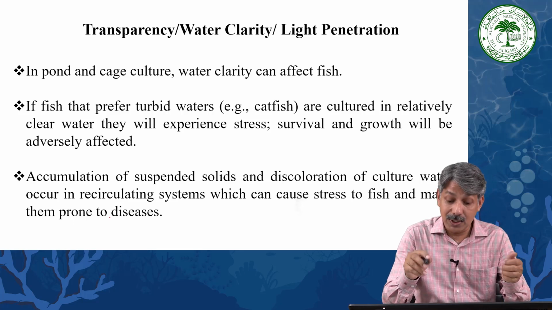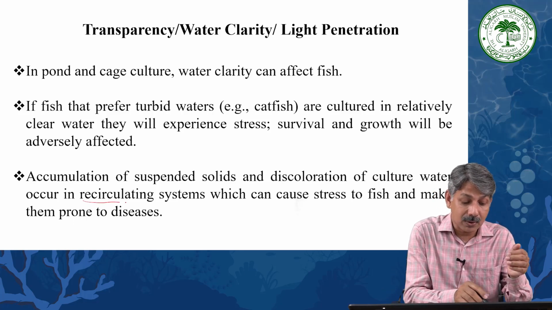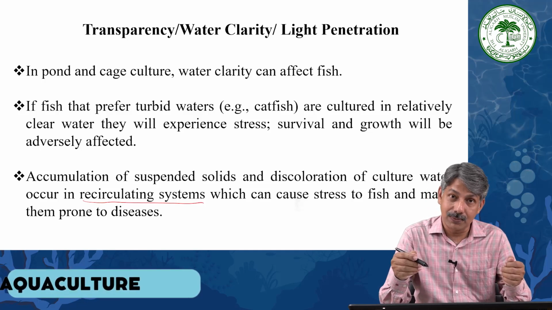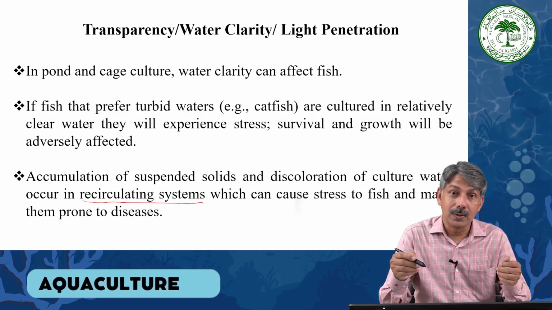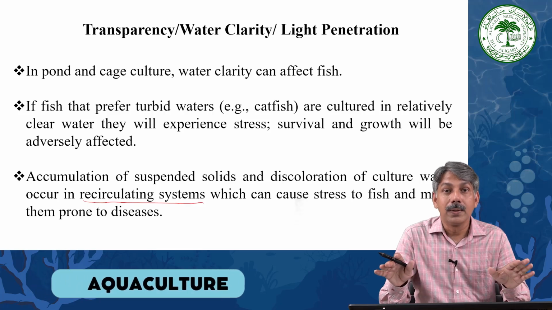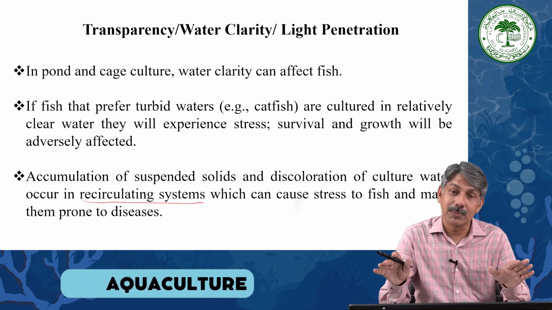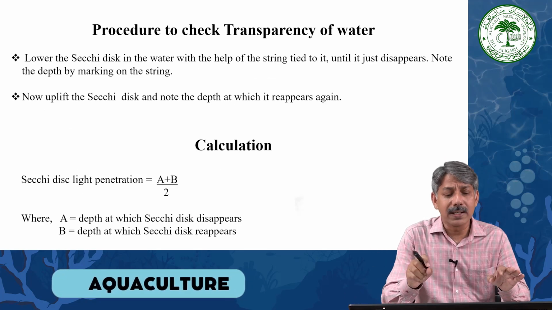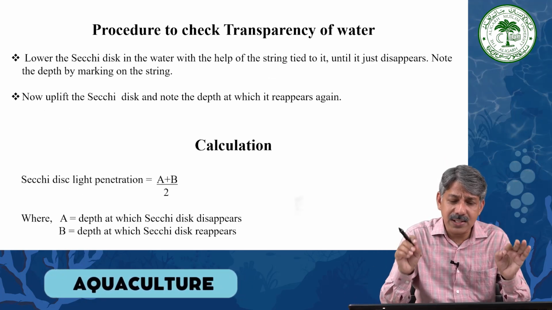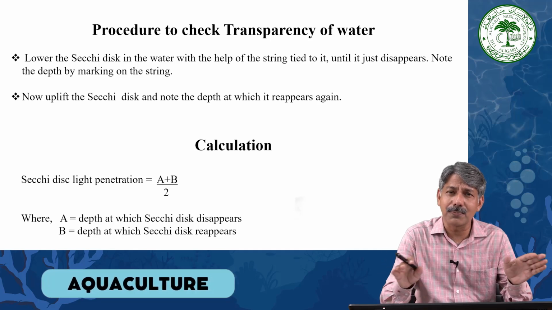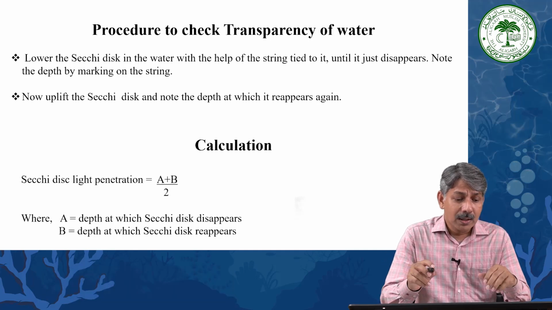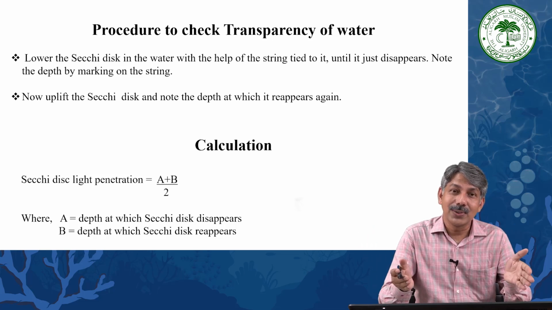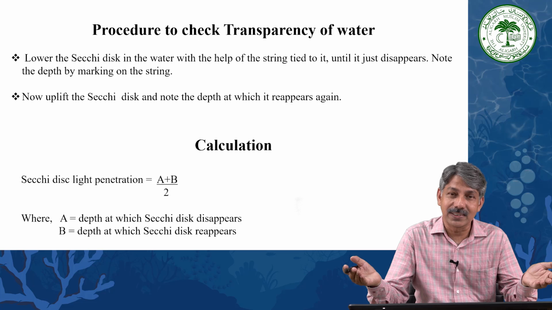Especially if you are going in recirculatory systems, and if you are going for intensive culture, then you will have to be very careful. There should be no turbidity beyond an acceptable limit. In an intensive culture system, everything should be maintained to optimal conditions as much as possible. That is very necessary, because in a semi-intensive system you are having an earthen pond, so nature itself takes care of many things.